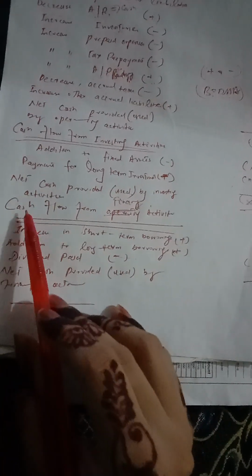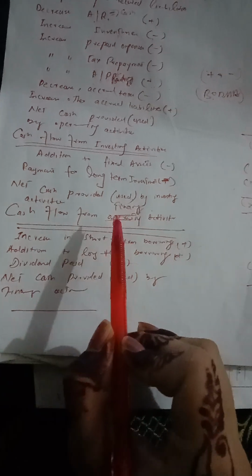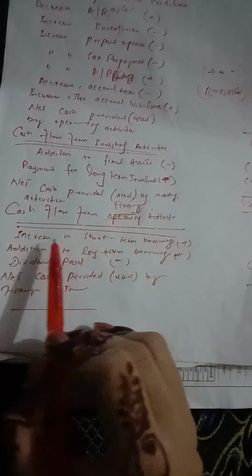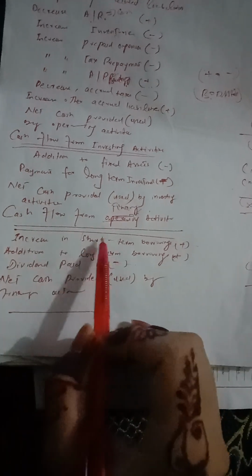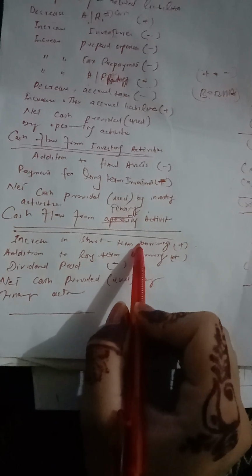And the last activity is cash flow from financing activities, which includes your payment to your lenders, and these are the increase in short-term borrowings, meaning you do your short-term borrowings.